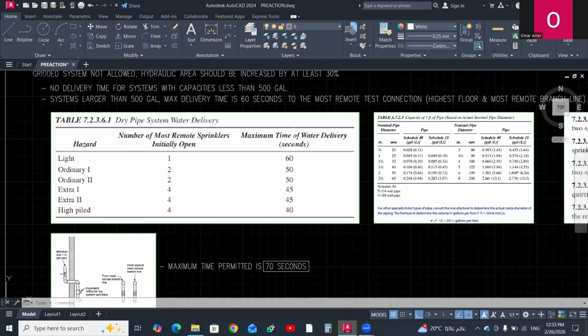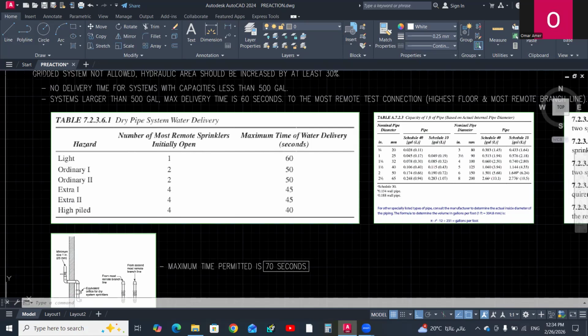And the associated maximum time of water delivery to these remote sprinklers shall not exceed these values, to ensure the compliance of the system with NFPA 13 requirements and to avoid delay in water delivery to the most remote area.